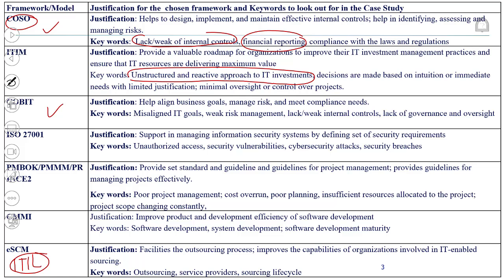If you see things like budget constraints, that can be cured by ITIM, because one of the things ITIM does is financial feasibility. If you want to bring in an IT system, first we make sure it is aligned with the business and will support the business. Then the second thing: can we afford it? Do we have funds for it? So ITIM would address budget constraints.